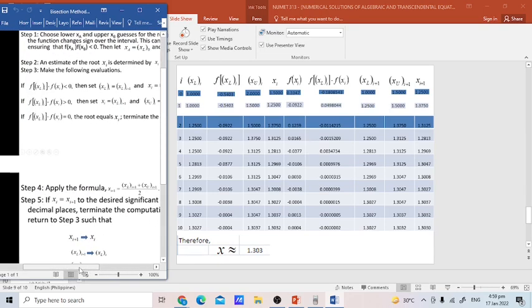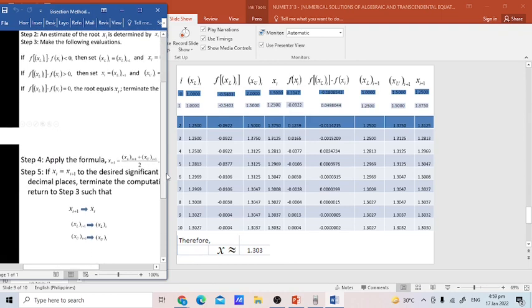Else, return to step 3. Kung hindi na-satisfy, return to step 3. Ibig sabihin niyan, dadaan ka muna ng 0, then 1, then 2. Kaya nadadagdagan yung i value. i equals 1, i equals 2, i equals 3. Kasi hindi nag-i-equal yung dalawa, yung x sub i and x sub i plus 1. Okay? So, sabihin niyan, return to step 3. Such that, yung x sub i plus 1, magiging x sub i.